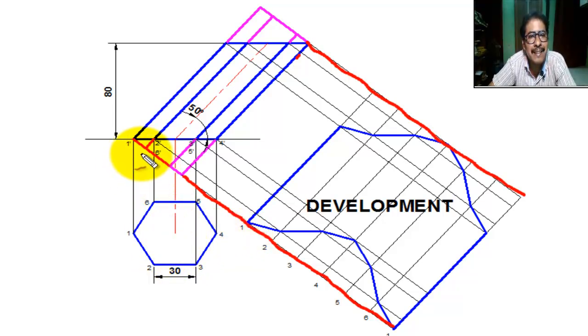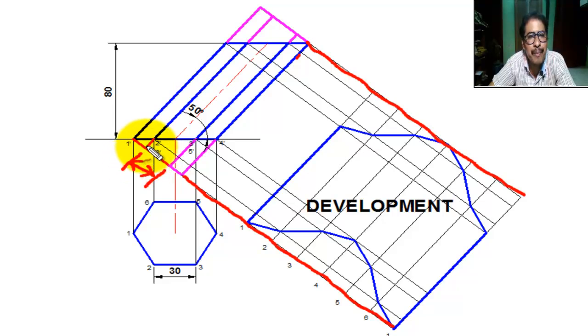Now we take a distance. This is the length of the regular hexagonal prism.